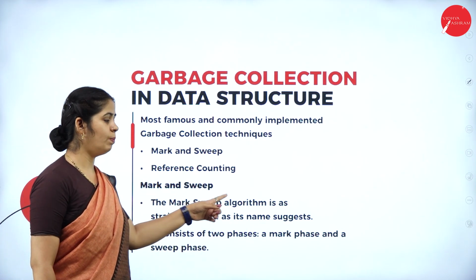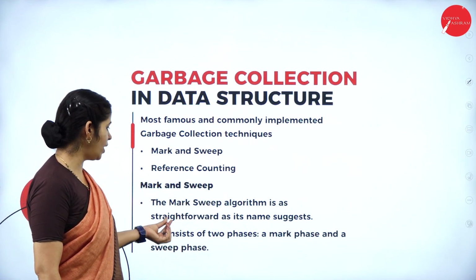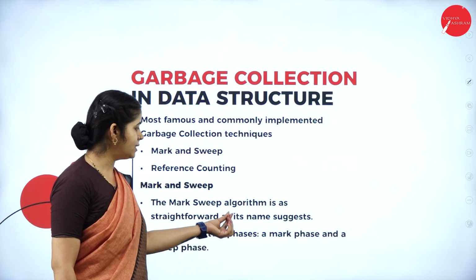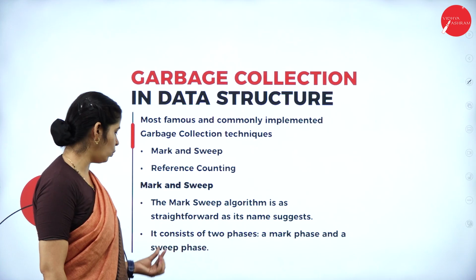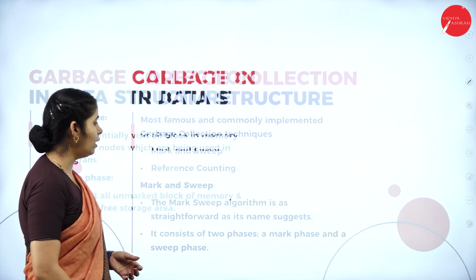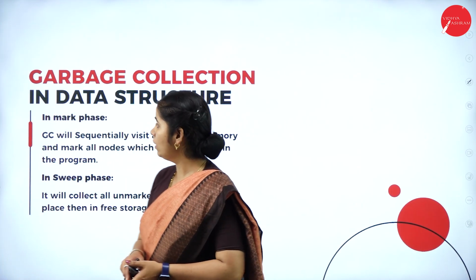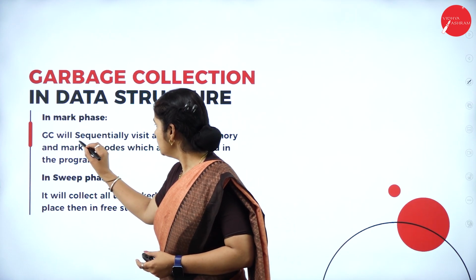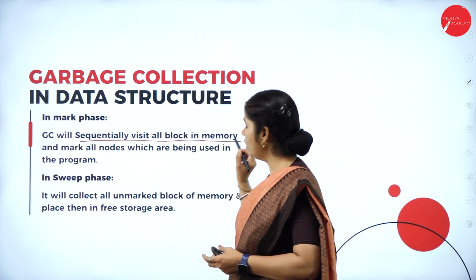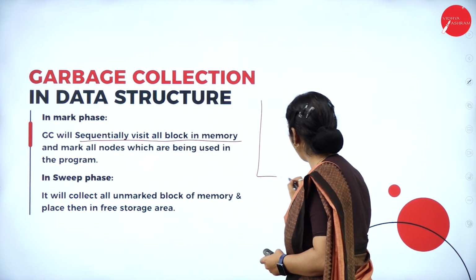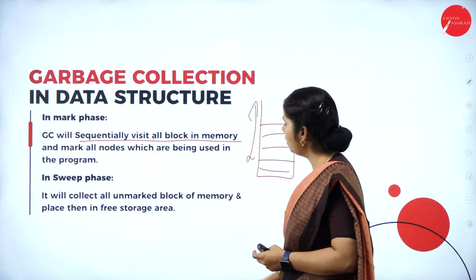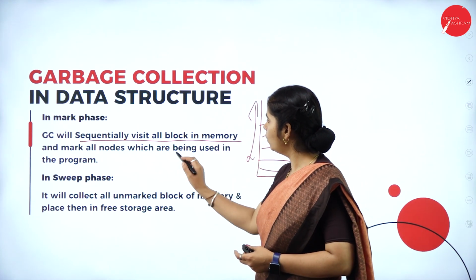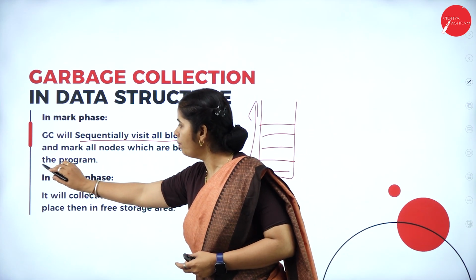The mark and sweep algorithm, as its name suggests, consists of two phases: one is mark and one is sweep. What do we do in the mark phase? We sequentially visit all the memory blocks in the memory and mark all the nodes which have been used in the program.